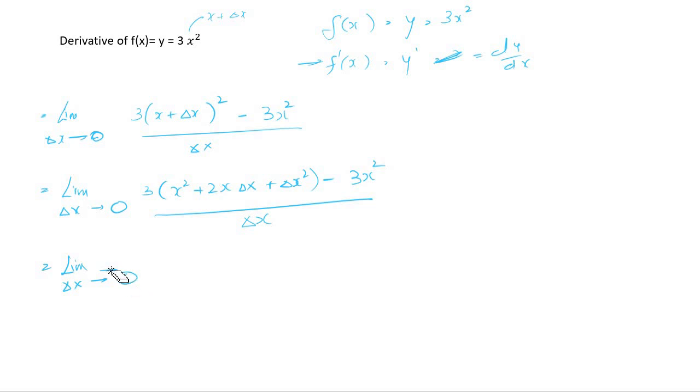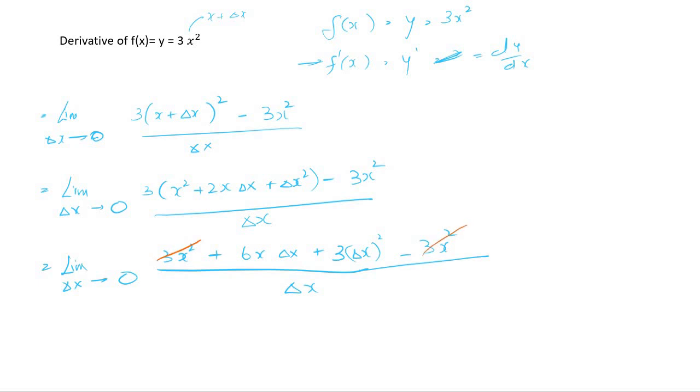Let me erase this extra line, and then we see it's 3x squared plus 6x delta x plus 3 (delta x) squared, minus 3x squared, over delta x. So we see that these can be crossed off, the 3x squared terms, and we can cross off one delta x.